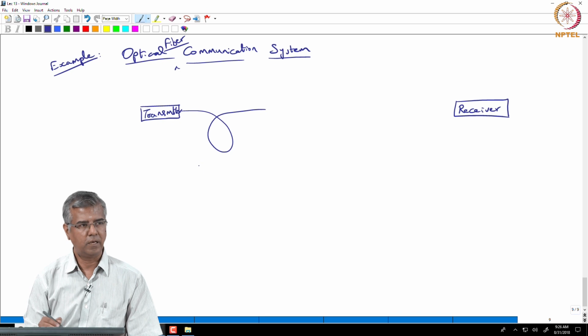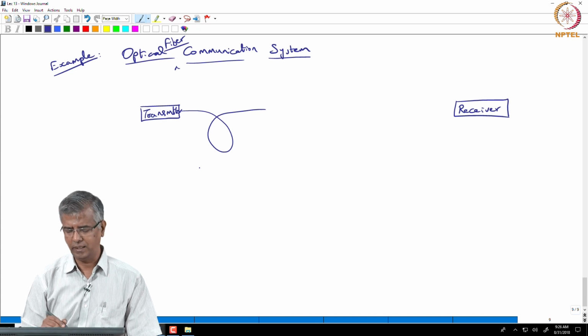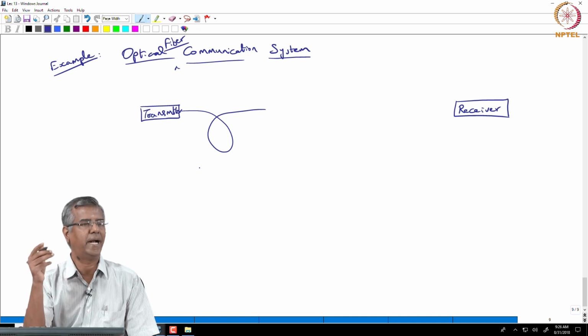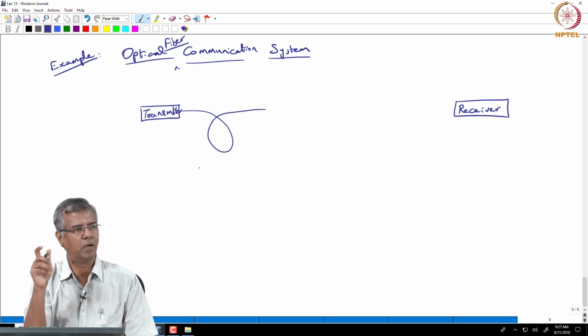And clearly when we are using an optical fiber, we go through a long length of optical fiber. That fiber has some inherent attenuation. What causes this attenuation? There may be some scattering happening in the fiber, something called Rayleigh scattering, because the optical fiber is made of silica glass, but it's amorphous in nature, and there are a lot of density variations in the glass.